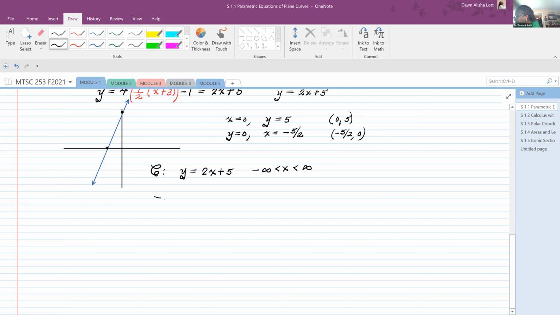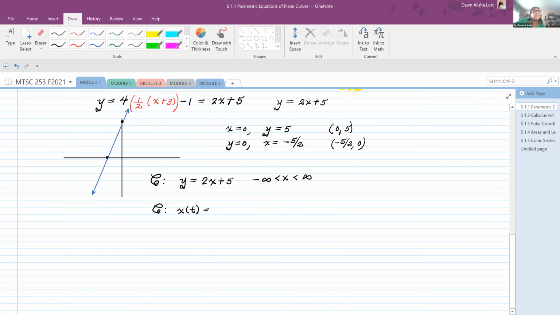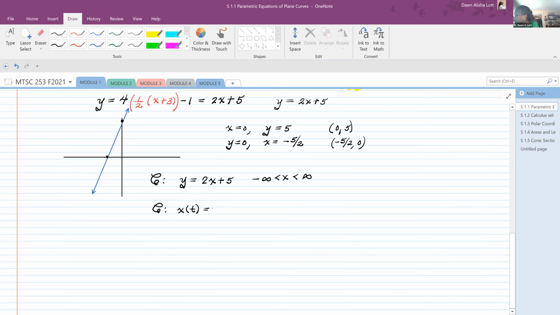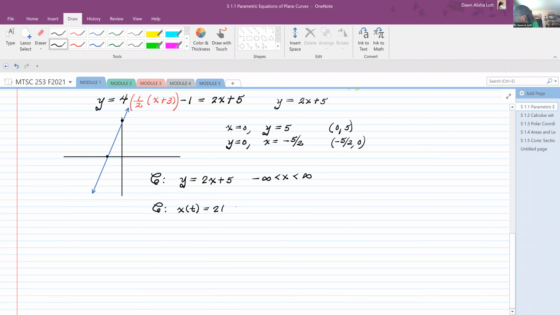Or I could define it as x of t is equal to 2t minus 3, y of t is equal to 4t minus 1, and minus infinity is less than t is less than positive infinity. So those are two ways to define that same curve.